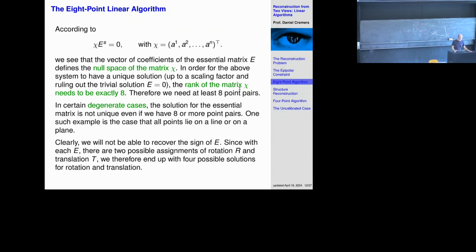And in order for this matrix, an n by 9 matrix, to have rank 8, we need to have at least 8 columns here in this matrix, right? Its columns are A1 through AN, right?